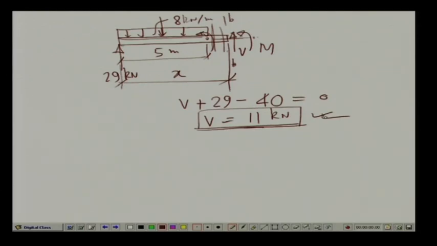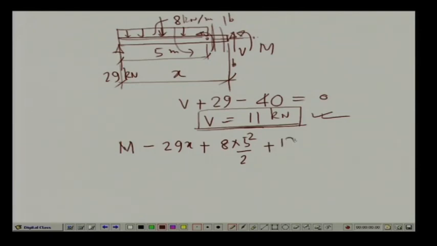Now, if you compute the value of the bending moment at this particular section, then taking moment of all the forces with respect to this particular section BB, we have M, which is anticlockwise direction, then the contribution of the moment from R A is in the clockwise direction. So, M minus 29 x, and this also in anticlockwise direction. So, plus 8 into 5 into 5 by 2. So, 5 square by 2, and we have a concentrated moment which is also anticlockwise direction.